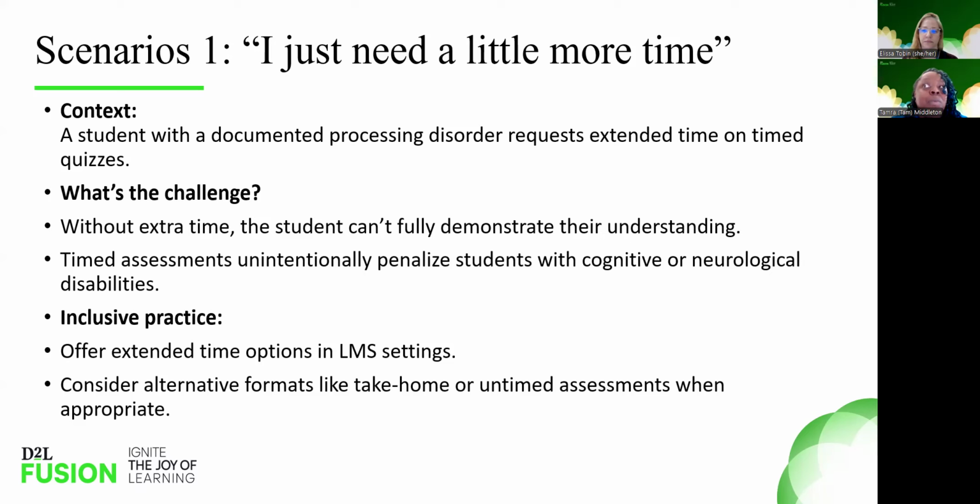With Brightspace, we can adjust settings and give individual students extended time under the special access option. But even better, we can think beyond time limitations. When the goal is to assess knowledge and not speed, alternatives like take-home assessments or untimed reflections may offer more accurate insights.